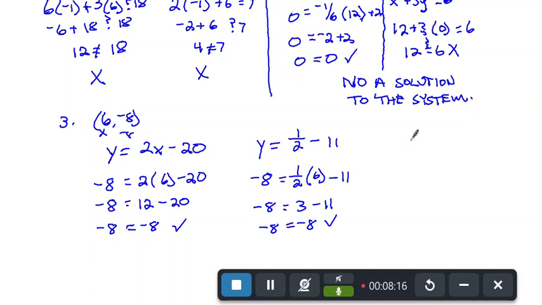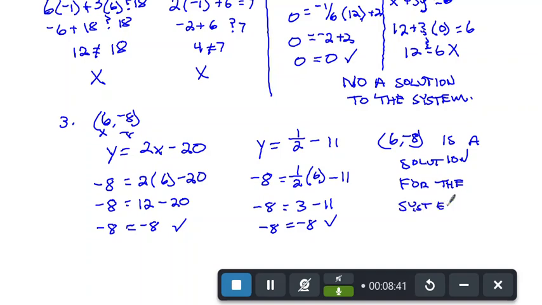So therefore, 6, negative 8 is a solution for the system of equations. Okay, that takes it for the top 3.